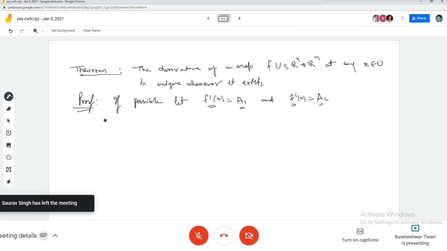Now consider this linear transformation B, which is the difference of the two linear transformations a1 and a2. So B equals a1 minus a2.